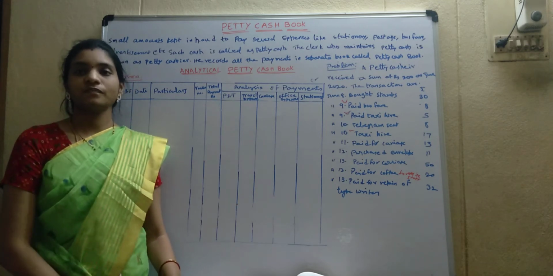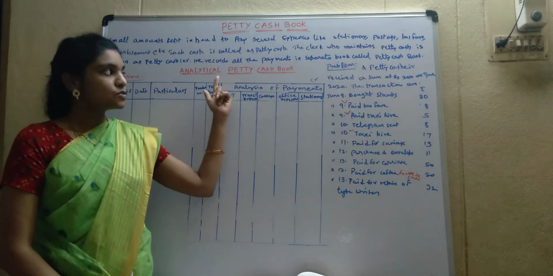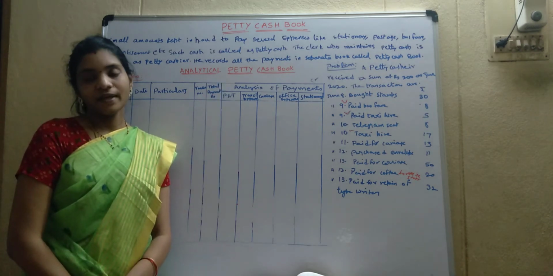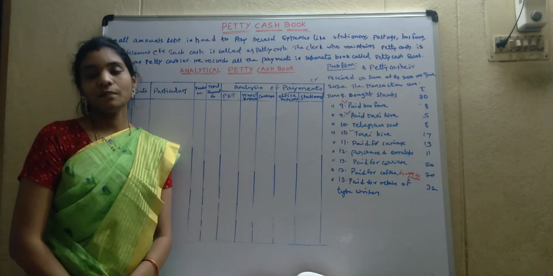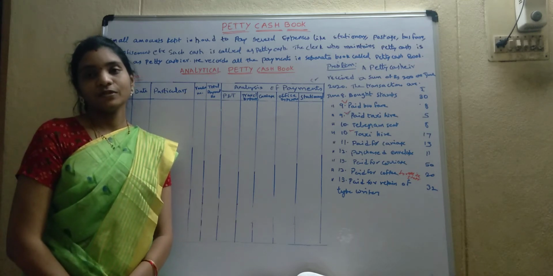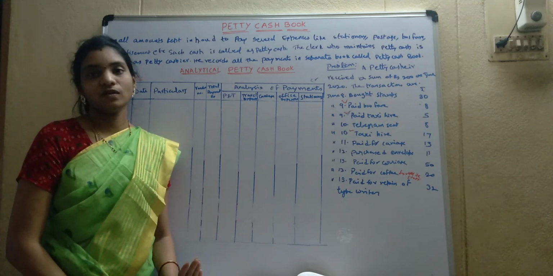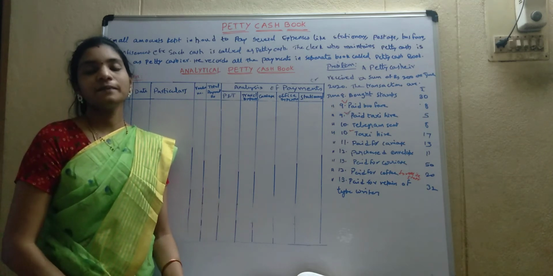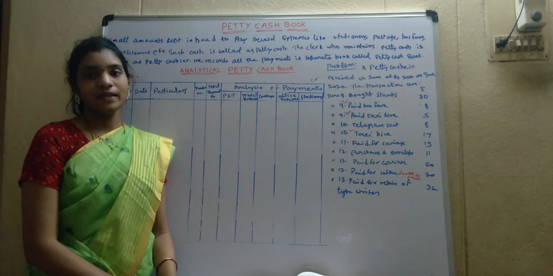Clear? Two types of petty cash books are there: simple petty cash book and analytical petty cash book. A simple petty cash book just records all the expenses in it, and that's all, so it may not be as clear as the analytical petty cash book.